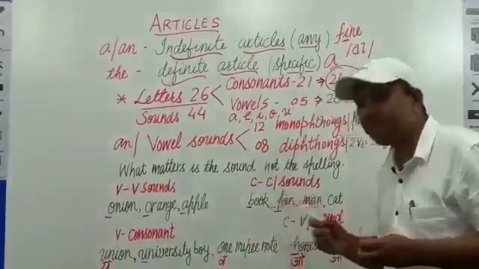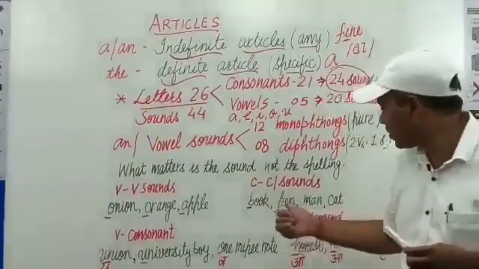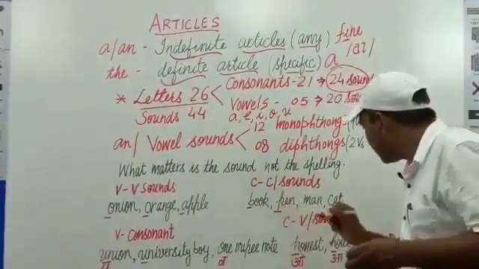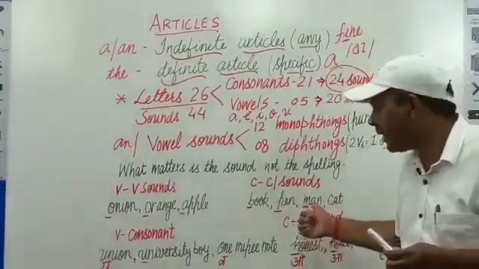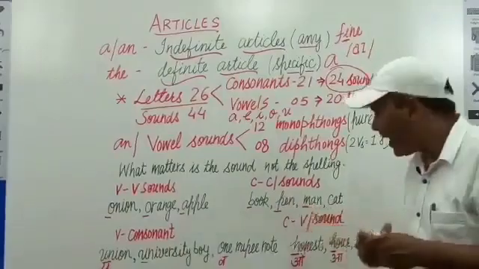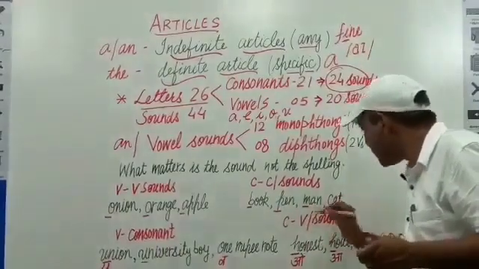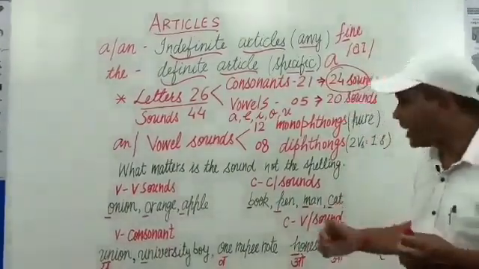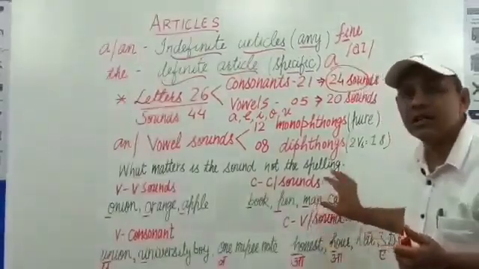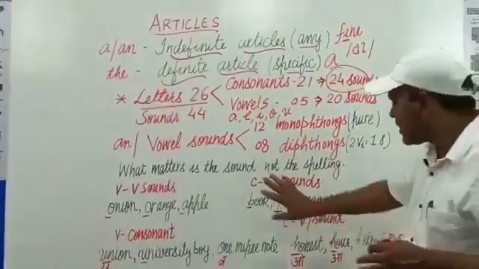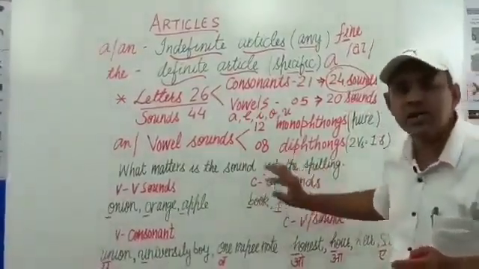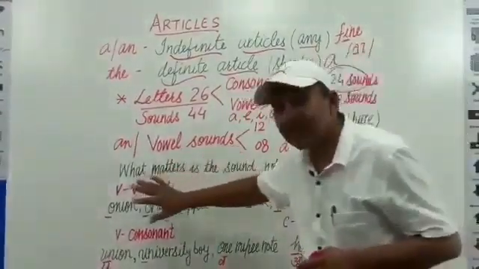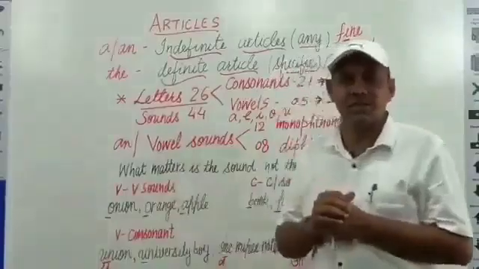Pen, this letter P produces the P sound. This letter M produces the M sound in the word man, and this letter C produces the initial sound K in the word cat. There is no problem because these consonants produce consonant sounds and these vowels produce vowel sounds.